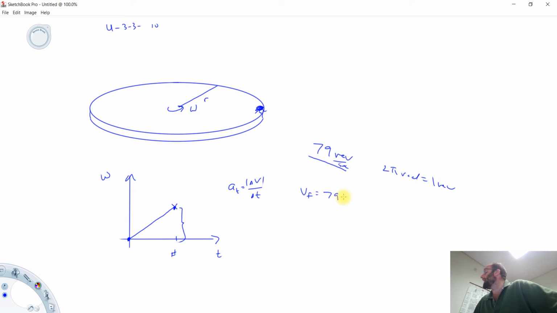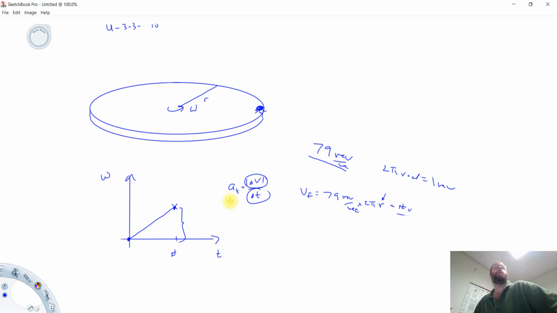If you take the 79 revolutions per second, and you multiply that by 2 pi r, put units of distance. This has units of feet per second or meters per second, depending on your unit. This wants meters per second, so put that in meters. And this will come out now to a number with units of meters per second. That's going to be your v final, and that's going to be the speed. Then your tangential acceleration will be that divided by your time.